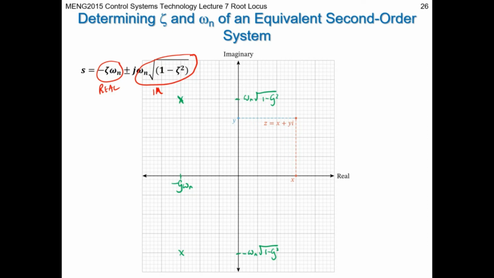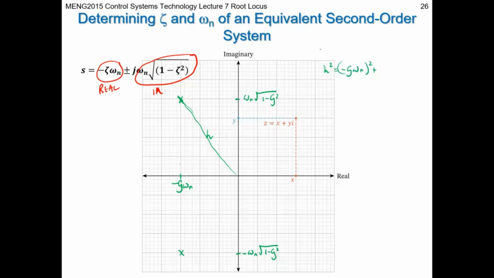So what we've done is related the closed loop root location on the S-plane to the natural frequency and damping ratio of our system. And we can go a bit further. Let's call that h. We know h squared equals the sum of the squares of the 2 sides. This side is zeta omega n. This side is omega n root 1 minus zeta squared.